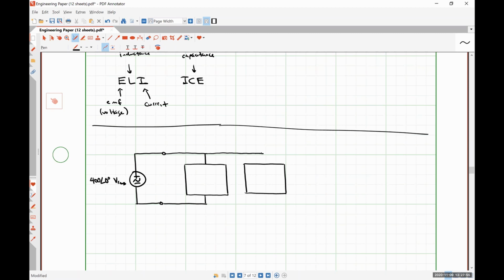And in this particular example, we're ignoring the impedance of the transmission lines. So we can say that the transformer is close by. So let's say that load number 1, load number 2, and load number 3.